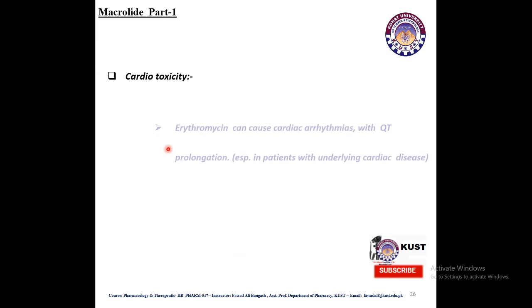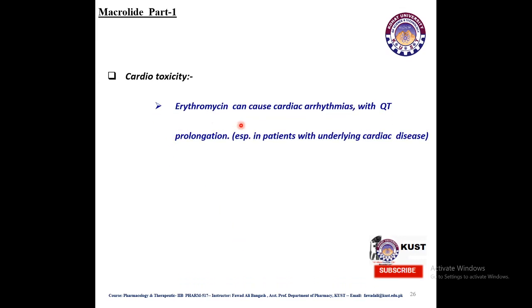Cardiac toxicity. Erythromycin can cause cardiac arrhythmias with QT prolongation, especially in patients with underlying cardiac diseases. Some studies confirmed a link between erythromycin and ventricular arrhythmias, ventricular tachyarrhythmias, and sudden death in patients taking drugs that prolong the metabolism of erythromycin, specifically drugs like verapamil and diltiazem.